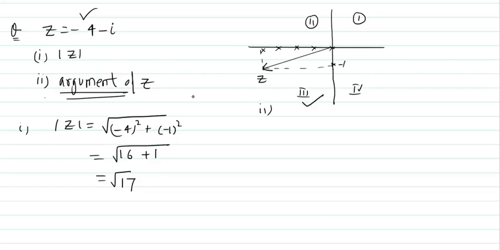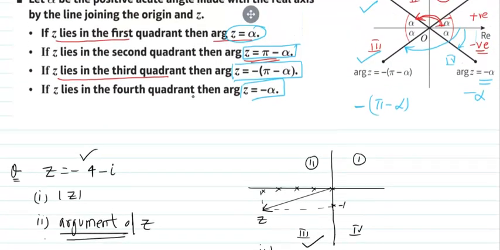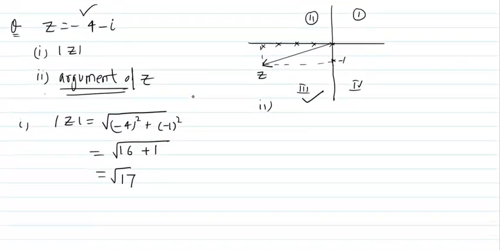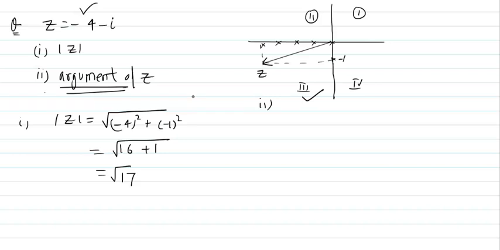Once it is in the third quadrant, as we have seen, its argument Z is given by minus pi minus alpha, isn't it? So you can just measure this angle, and let's say this angle is alpha. If it is minus 4, we are just writing here 4, and this is 1. So tan alpha we can find.